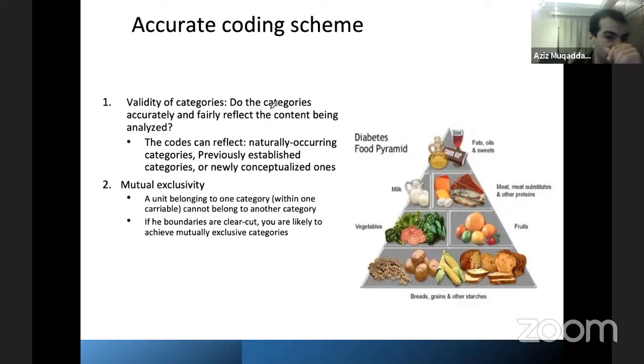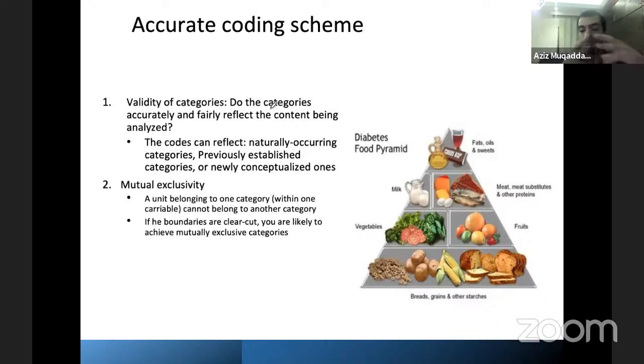If you're analyzing political speech and you're saying it's an attack or a defense, one sentence can either be an attack or a defense, but it cannot be both at the same time. Otherwise, you don't have distinguishable categories.